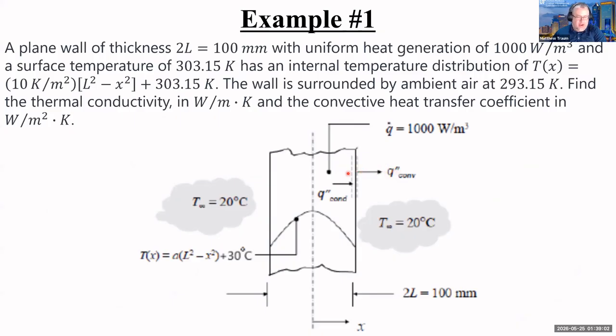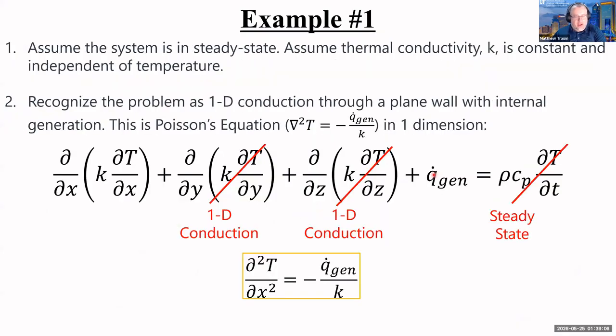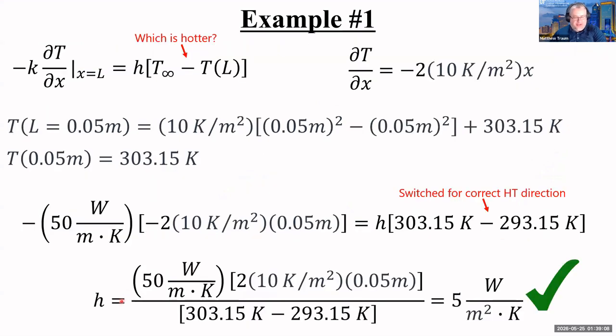I'm transferring heat this way, as opposed to transferring heat out, which is the correct way. So I'd end up with a negative convection coefficient, and that's how I know that I need to switch these two to get this positive, so that when this negative sign and that negative sign cancel each other out, I get a positive convection coefficient.